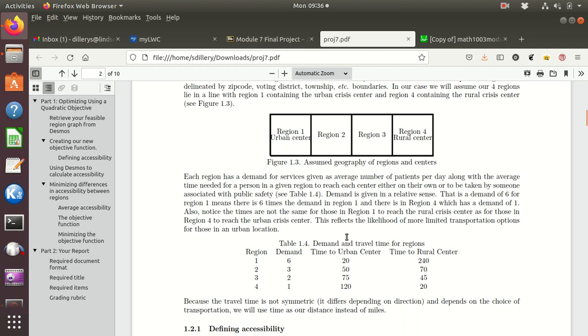And then Region 2, about 50 minutes to get to the urban center, about 70 minutes to get to the rural center. And then Region 3, about 75 minutes to get over here, and maybe 45 minutes to get to the rural center.